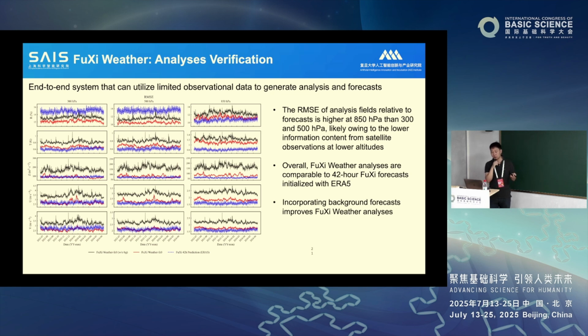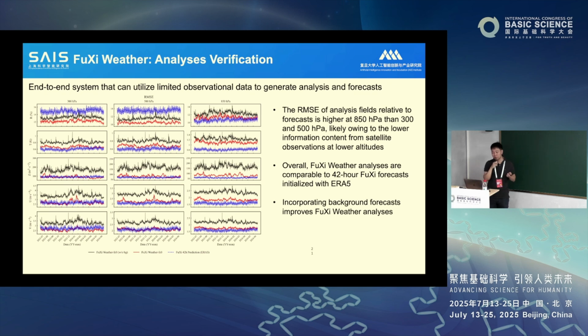That's what the conventional model does as well. And the blue lines are the baselines to show how good the analysis is, and these are FuXi forecasts initialized with ERA5. So you see from this plot that the RMSE of the analysis field is relatively higher at higher altitude. The RMSE is better at 850 hectopascal because we have more information coming from the satellites at these lower altitudes compared to the higher altitudes.